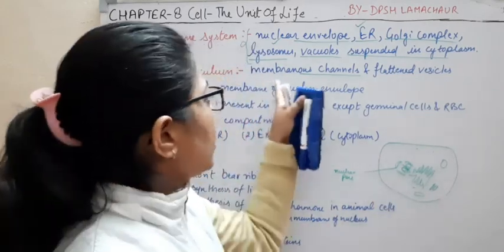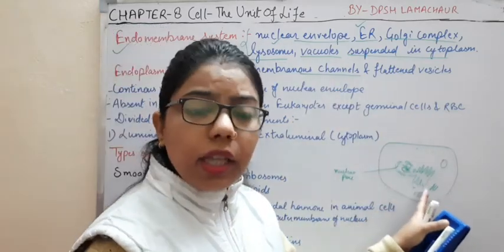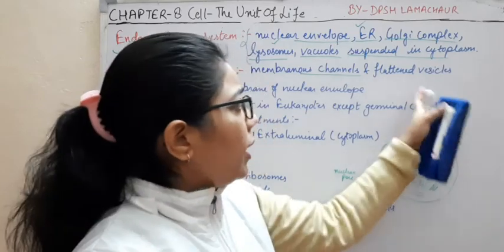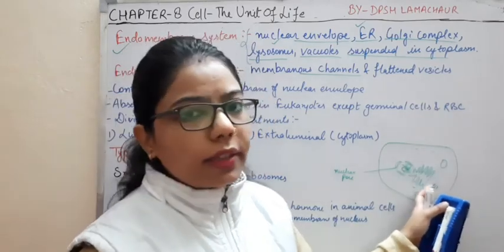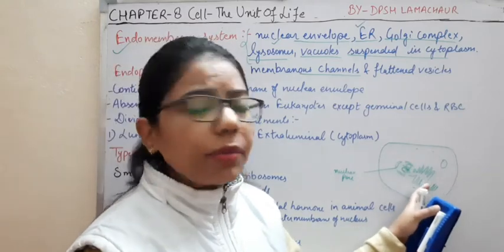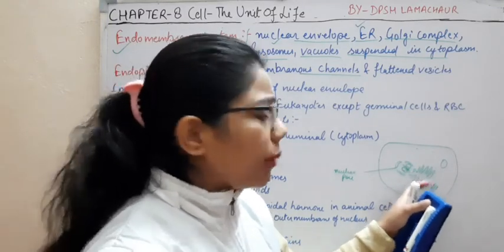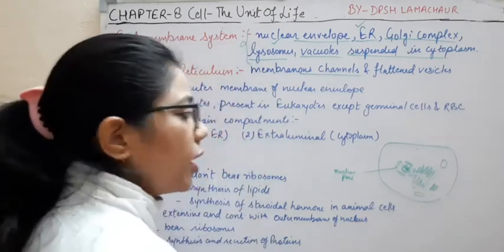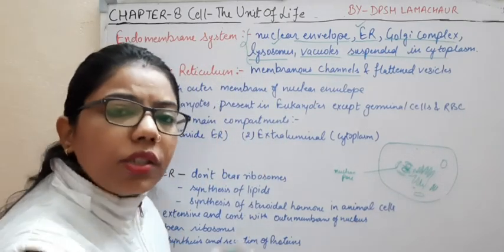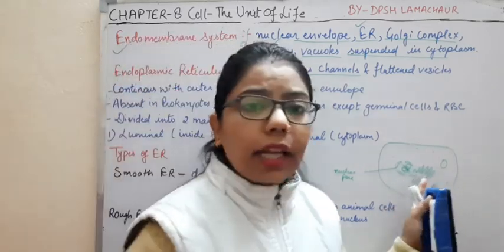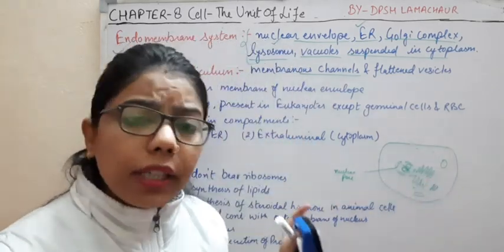These membranous channels are connected with the nuclear envelope, and they are flattened vesicles. Later on we will study that it can be of different types: vesicles, tubules, or cisternae. The structure can change, but the basic thing is that these are connected with the nuclear envelope.